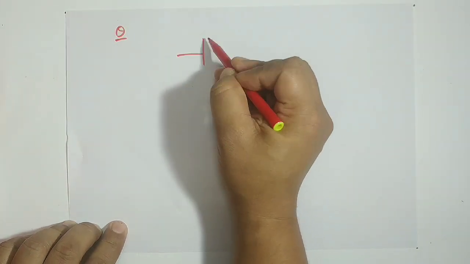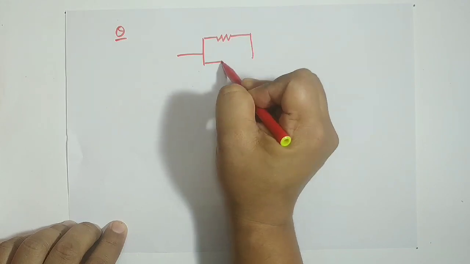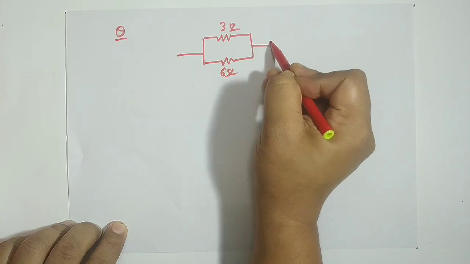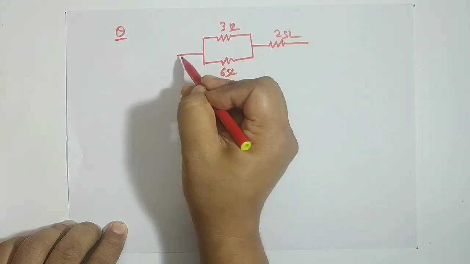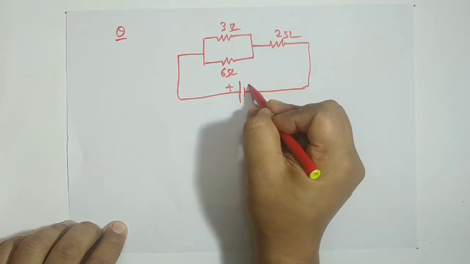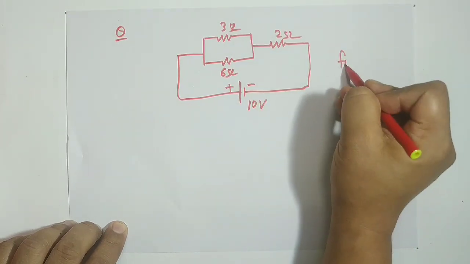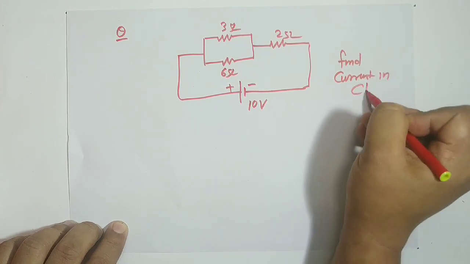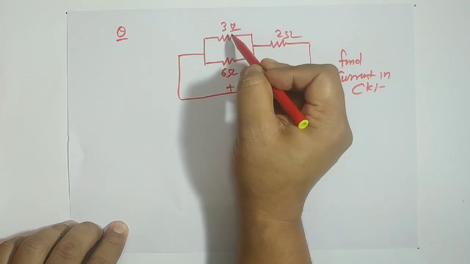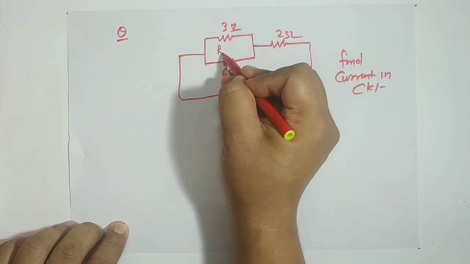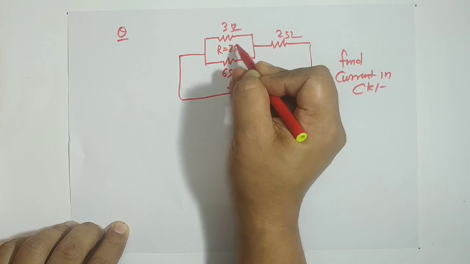Say this is 3 ohm, this is 6 ohm, this is say 2 ohm, and this is a battery of say 10 volt, and I ask you to find the current in the circuit. Very simple. Now we know that 3 and 6 are in parallel. The net will come to 2 ohm. Are you getting it?